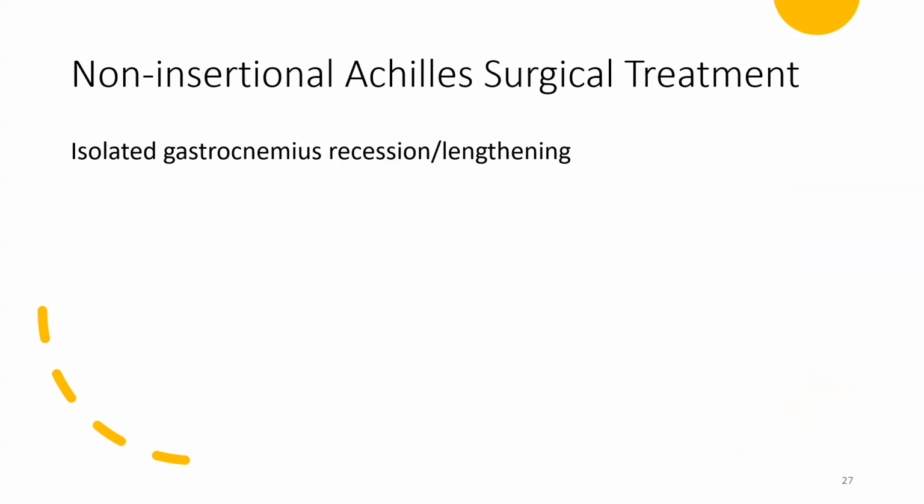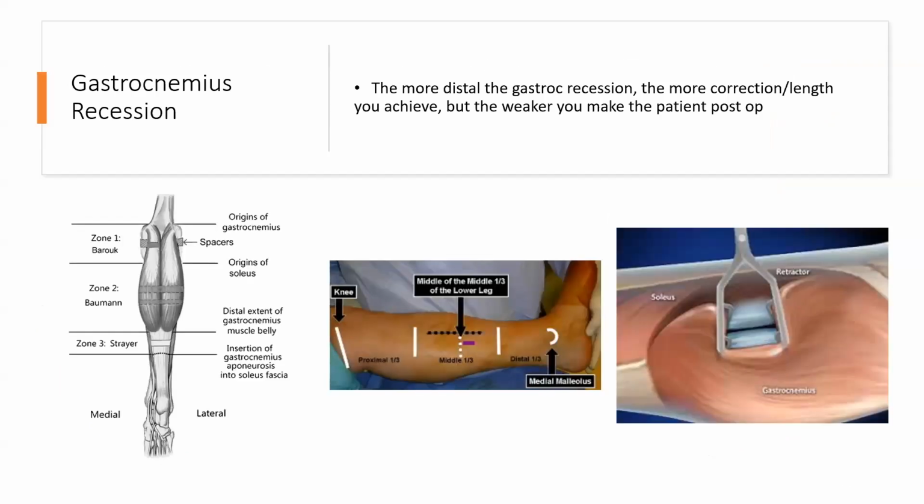For non-insertional Achilles tendonitis, the surgical treatment is frankly even simpler. Typically what we do is the same thing that we would do for plantar fasciitis. Again, its root cause is the really tight calf muscle. So we do a calf lengthening, and I do the surgery at the exact same level that I do for plantar fasciitis.